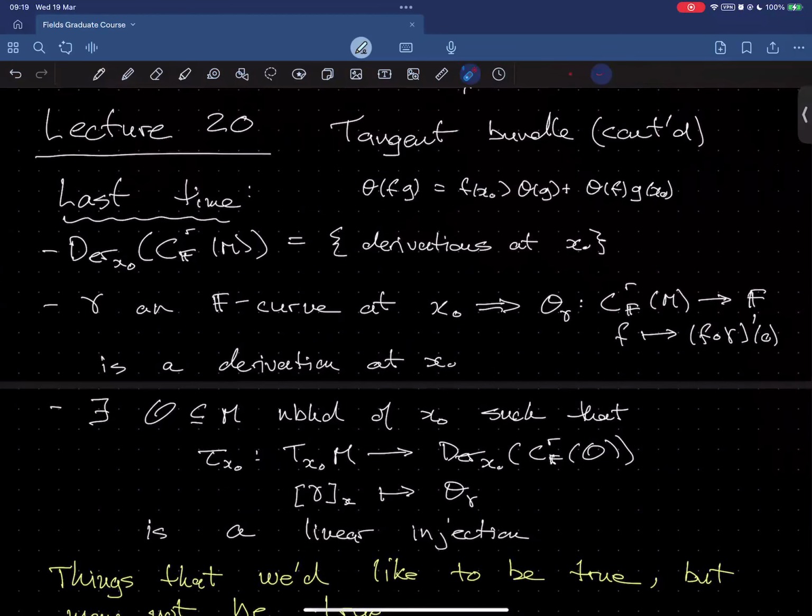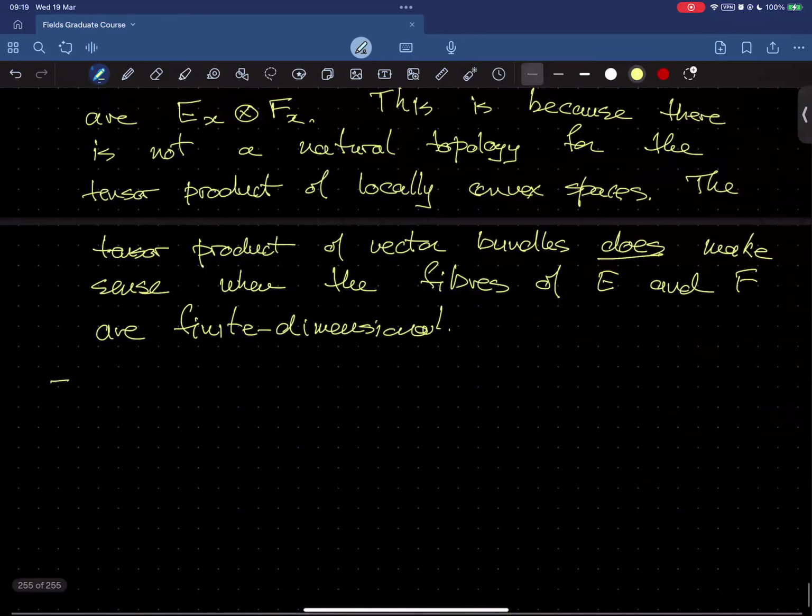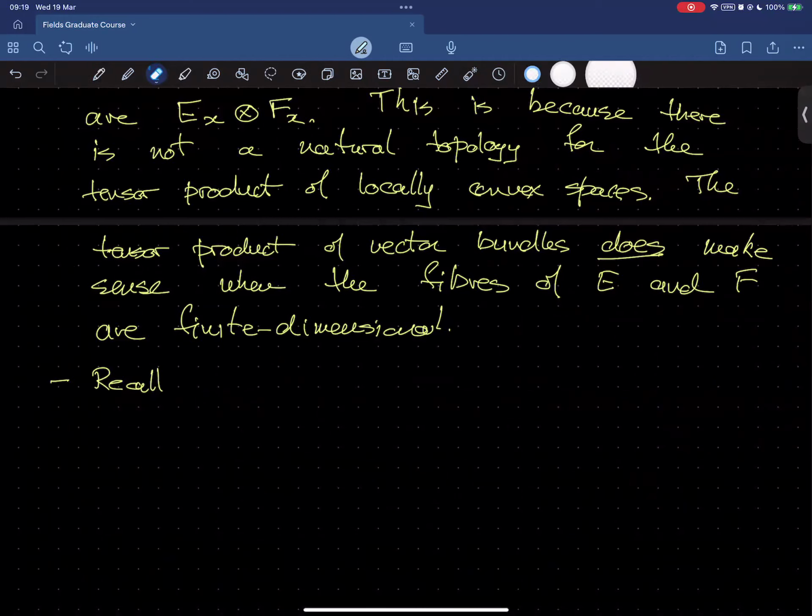Now let me talk about some things related to this mapping here, which you may like to be true, but may not be. So let me just reproduce that formula or that mapping down here, just so I have it in front of me.